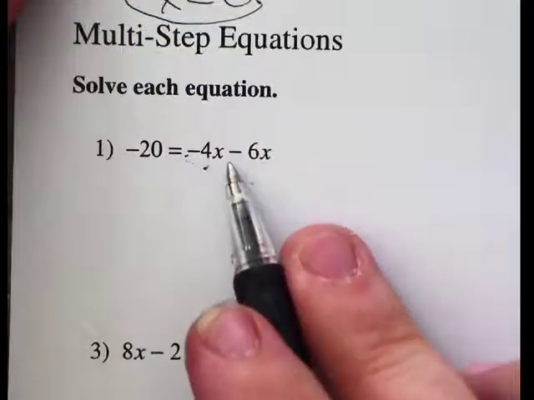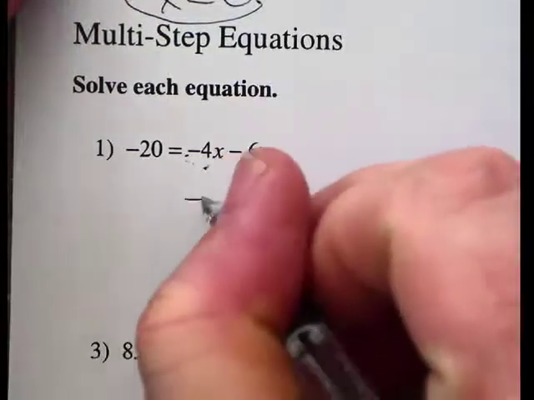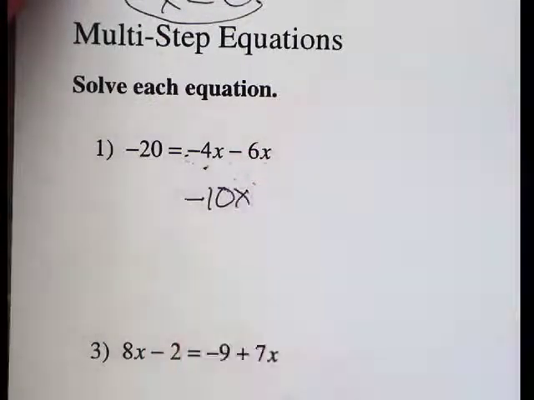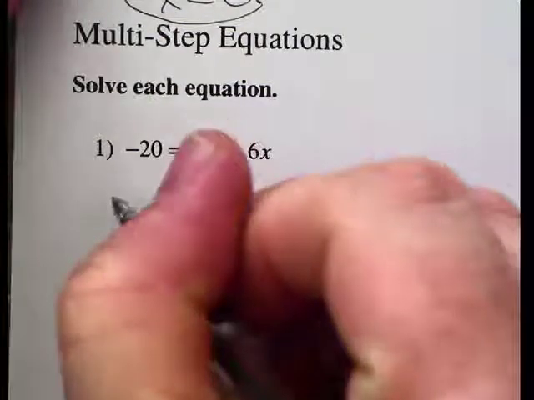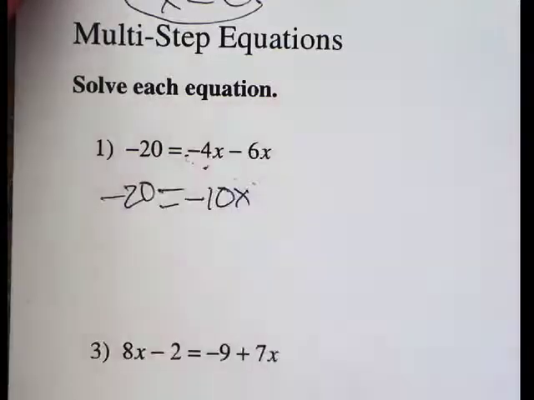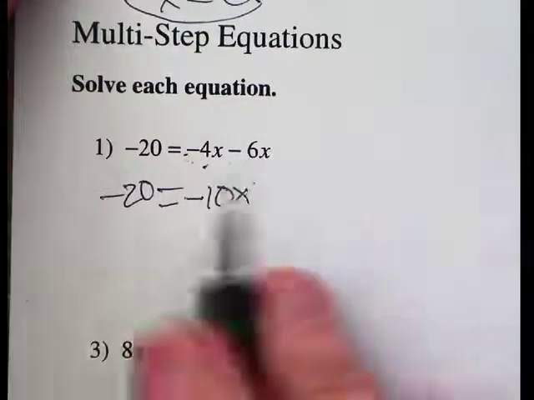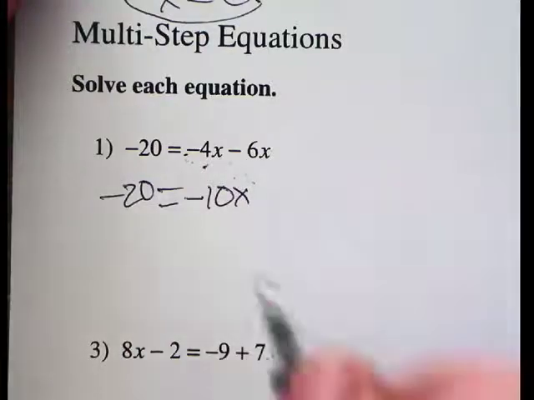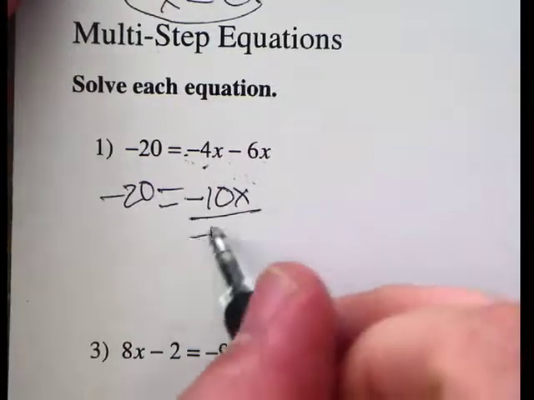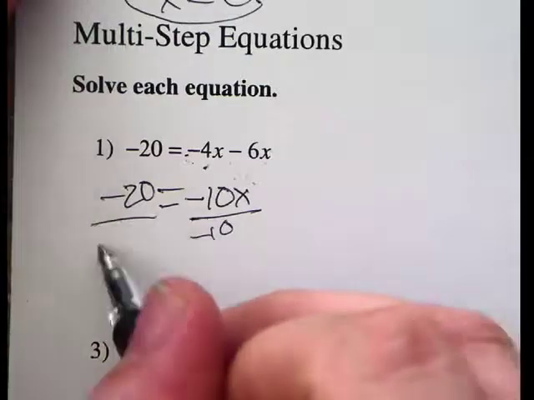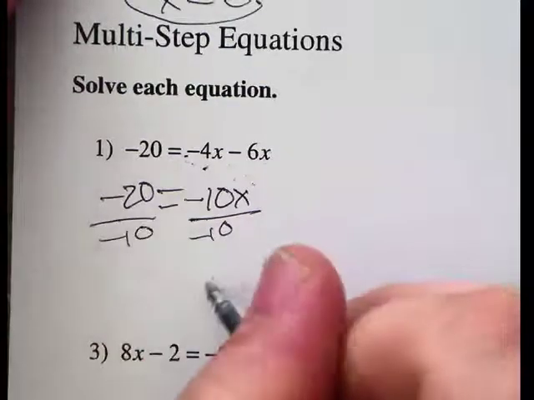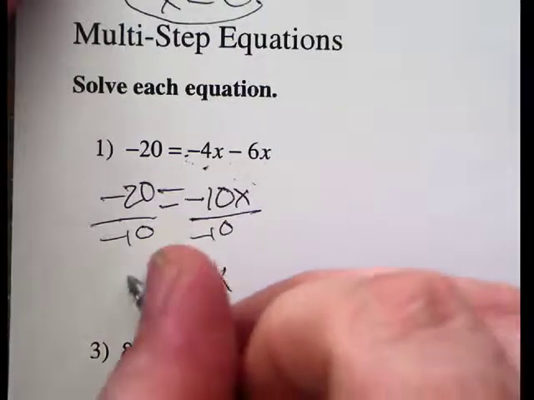Negative 4x's and negative 6x's are negative 10 x's equals negative 20. So we're just combining like terms. If they're the same on the same side, you can just combine them. Now we got to divide by negative 10 to get the x by itself. And we're left with x equals 2.